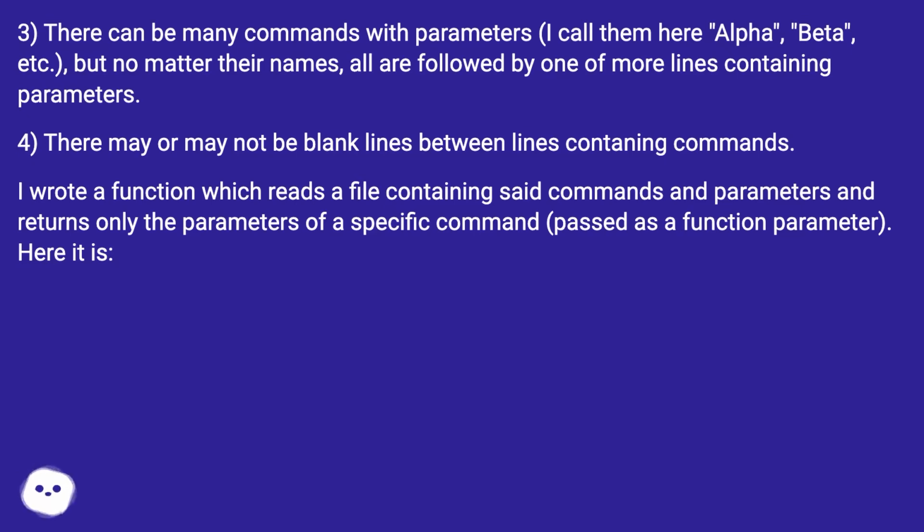I wrote a function which reads a file containing said commands and parameters and returns only the parameters of a specific command, passed as a function parameter. Here it is.